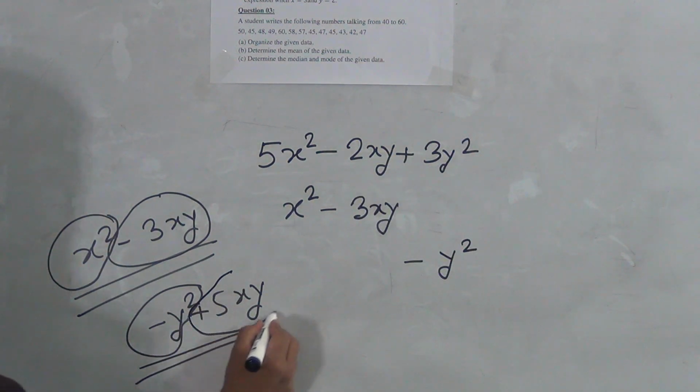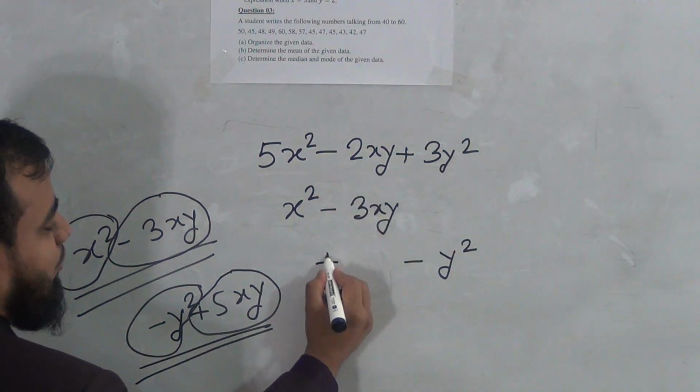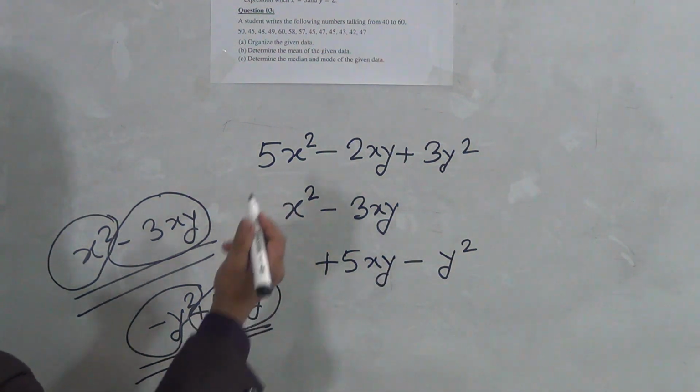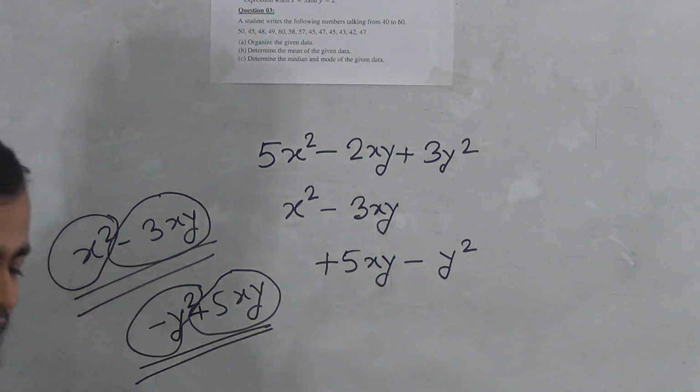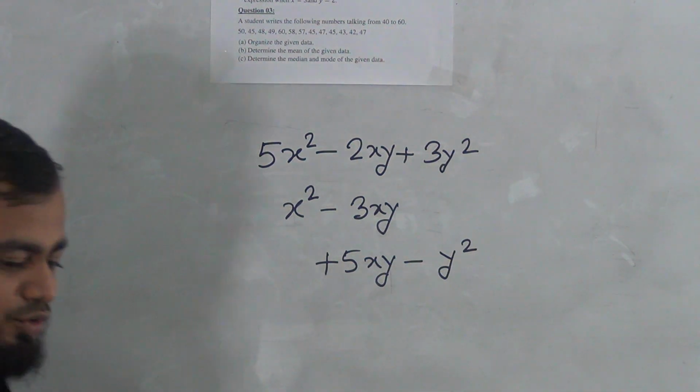Now plus 5xy is the similar term of minus twice xy, so we should write plus 5xy below minus twice xy. Now we need to add only. This is very simple to add.